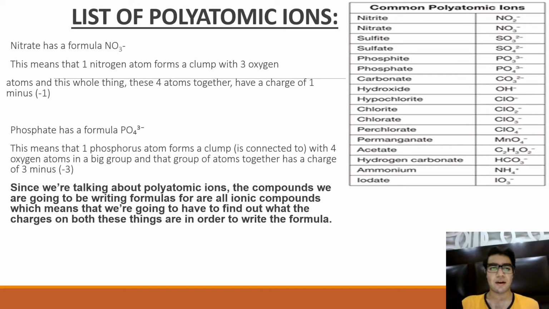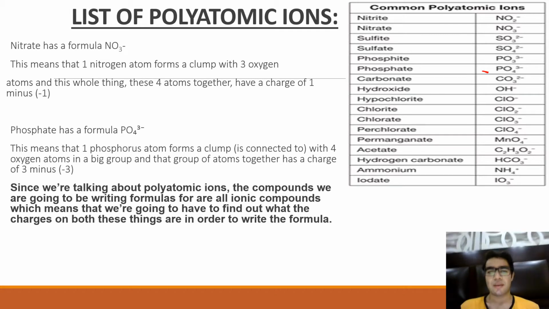Phosphate has a formula of PO4 3 minus. Phosphate is over here. This means that one phosphorus atom forms a clump with four oxygen atoms in a big group, and that group of atoms is called a phosphate ion, and it has a charge of 3 minus.